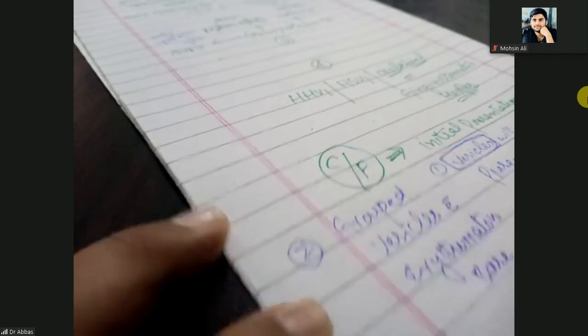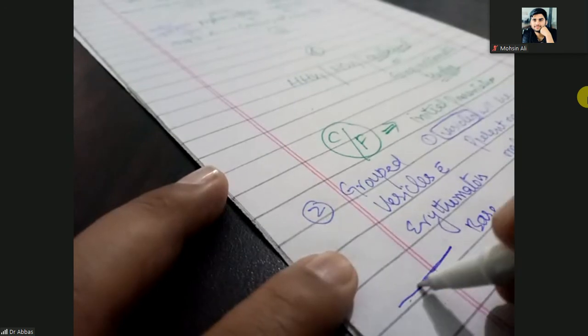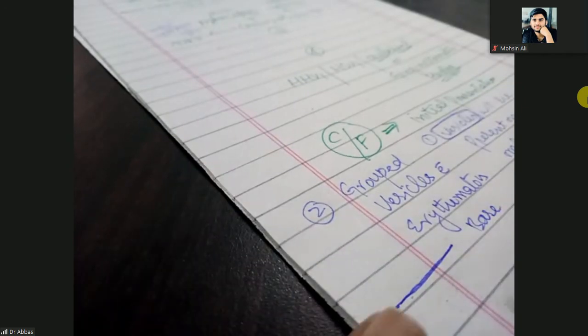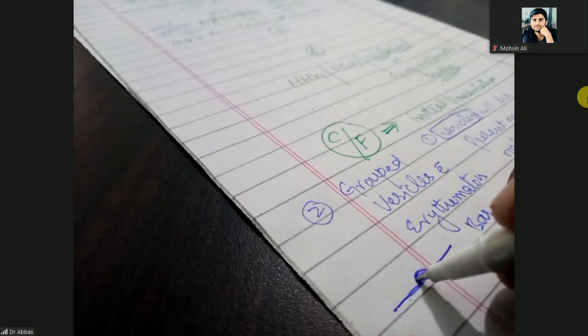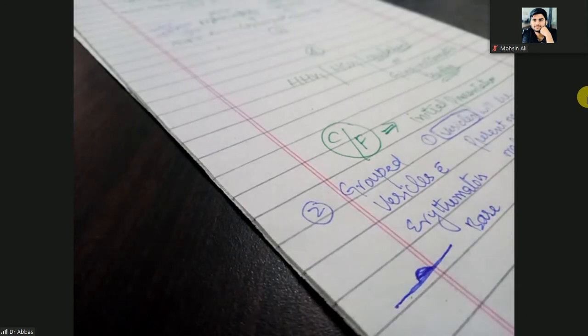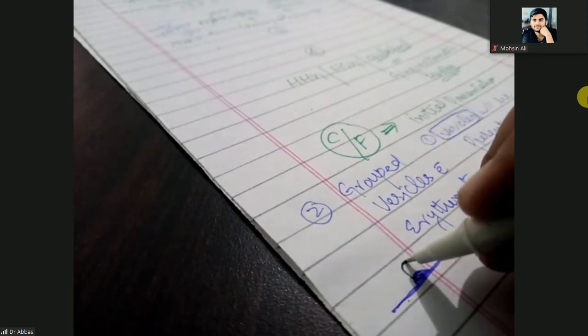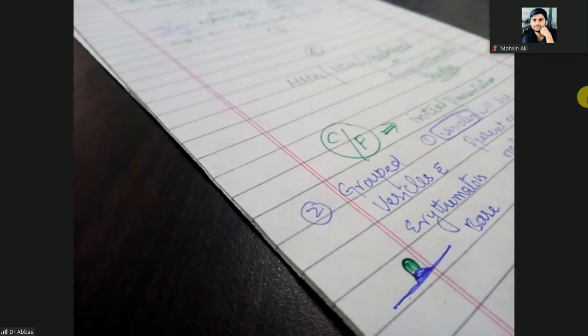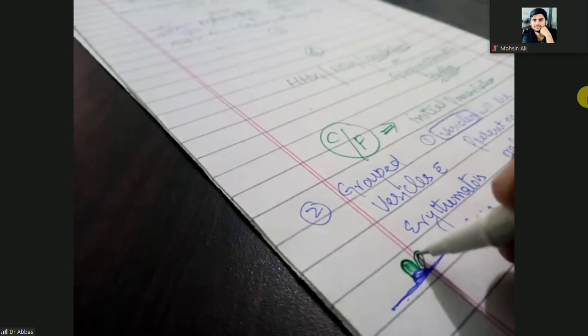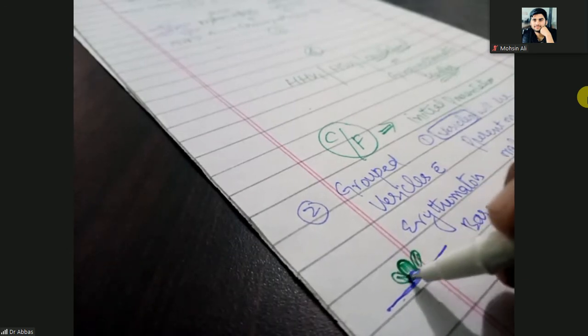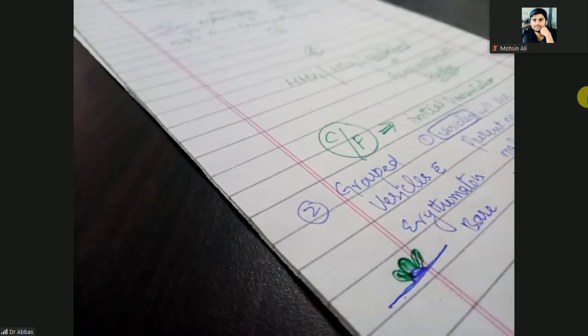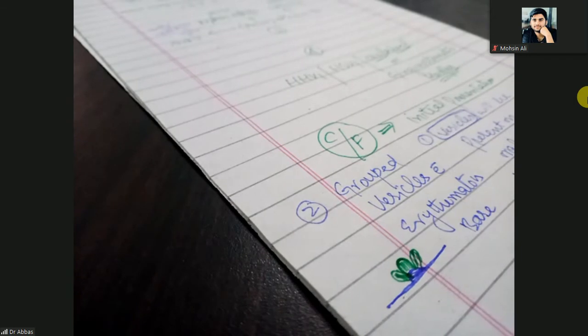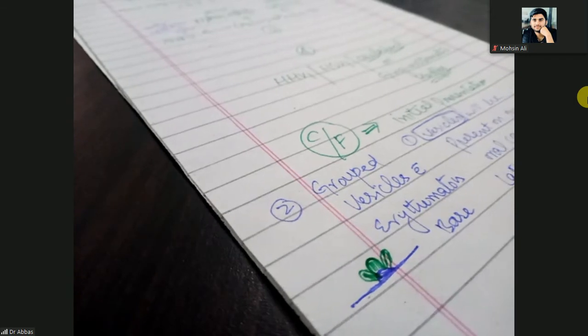Look at this, the oral skin of the oral cavity. Here is the erythematous inflamed area. On that inflamed area, the blisters or vesicles are present. So these are grouped vesicles.